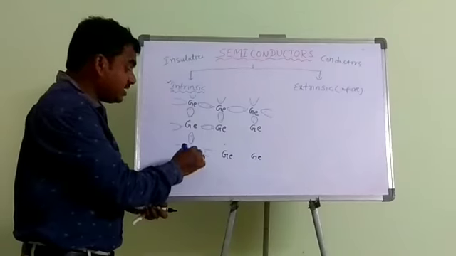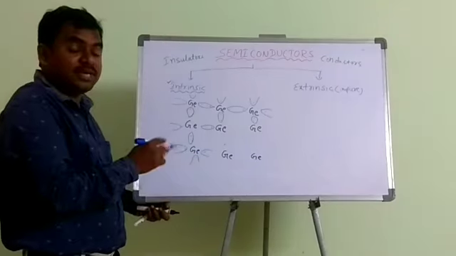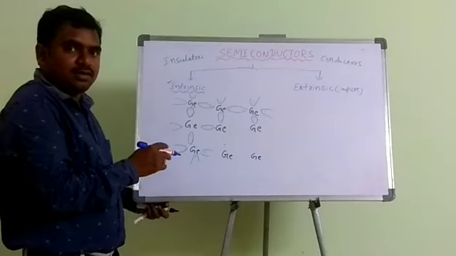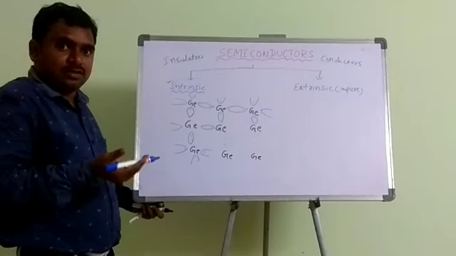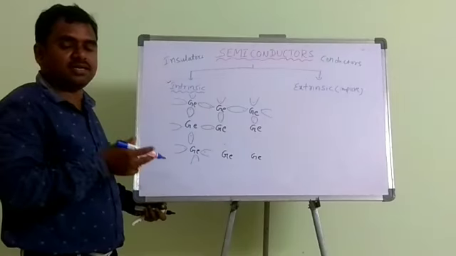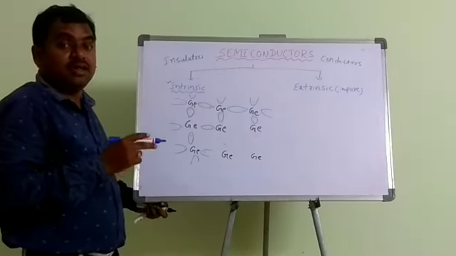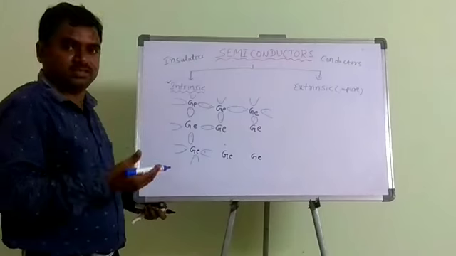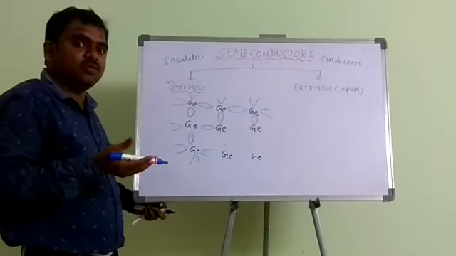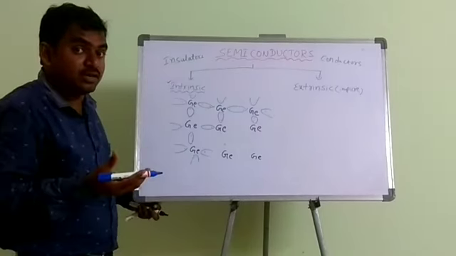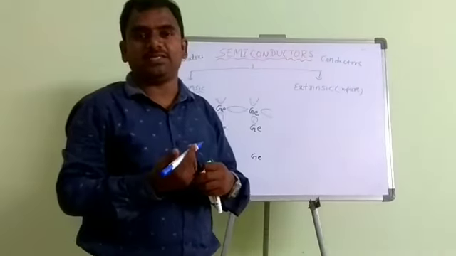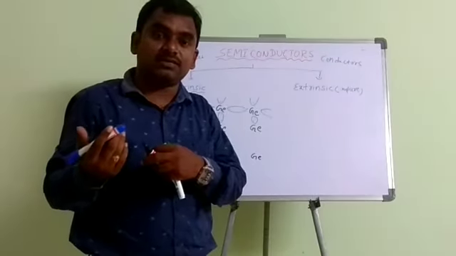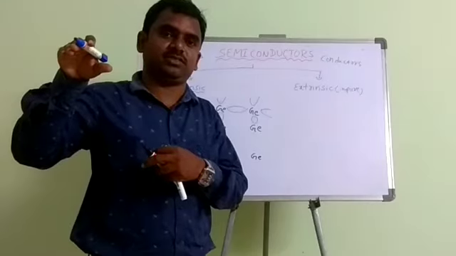If we increase the temperature, the electrical conductivity of the semiconductors increases. That's why semiconducting materials are said to have a negative temperature coefficient. Why? For conductors, if you increase the temperature, resistivity increases.